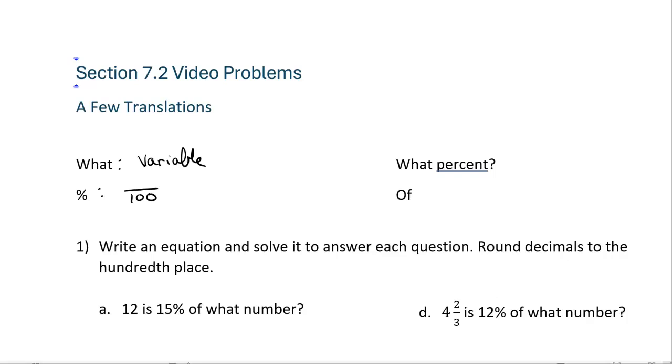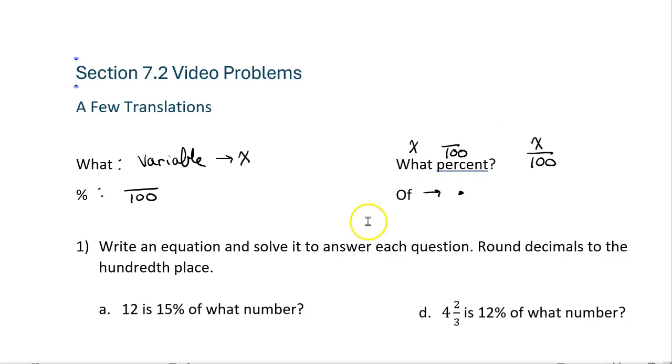Well, if we put those two things together, we have our variable, and I'll go ahead and put X as an example for the variable. So what percent, that's our X percent, translates to X over 100. And then of always means multiply, which I'll use a dot there, but you could also use parentheses to indicate multiplication.